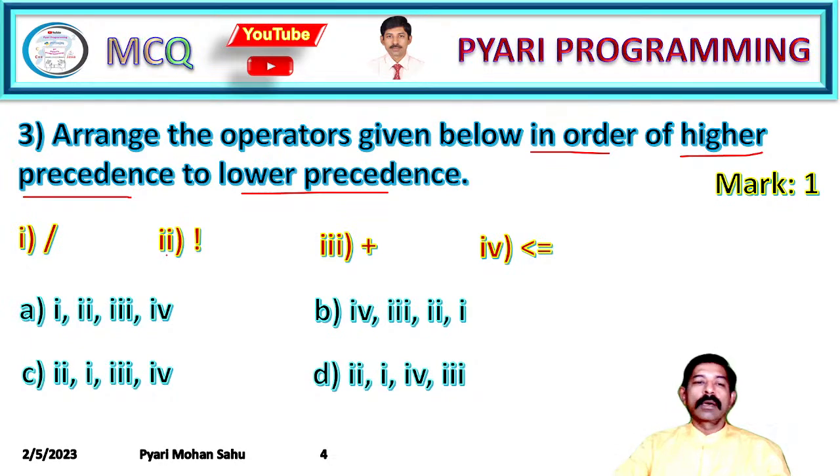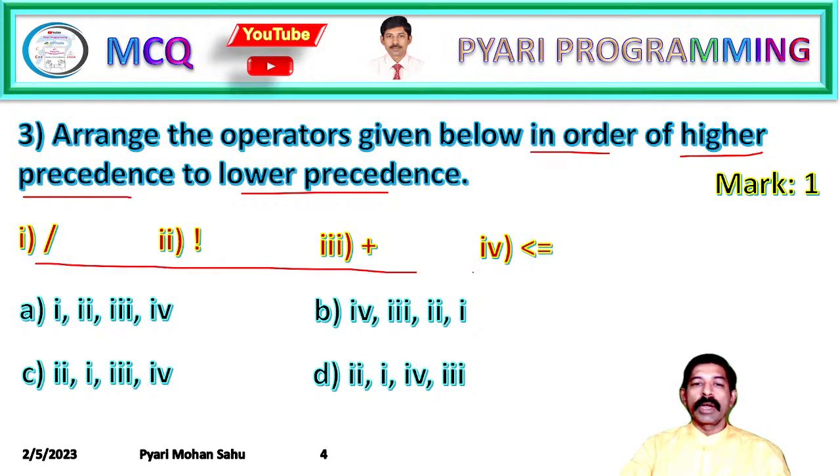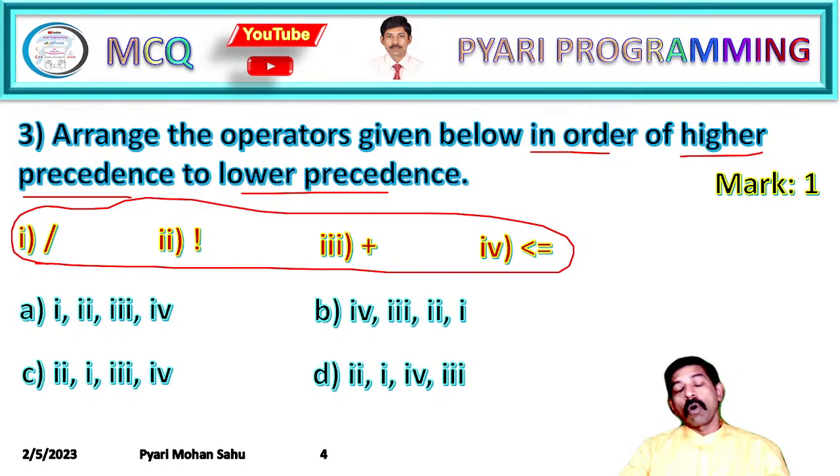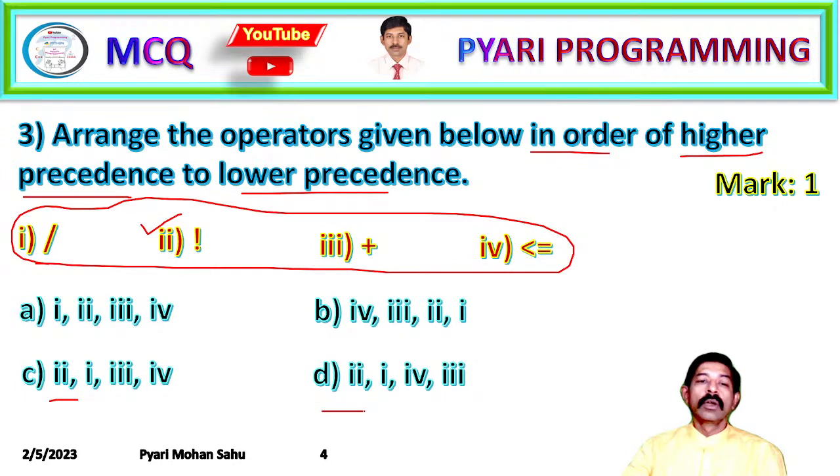So let's start. Out of all this, which one is having the highest priority first of all? I have given you the shortcut that unary operator always has higher priority than binary operator. So which one is the unary operator over here? This one is your unary operator, so it should come first. Now in both the cases, we are having 2.